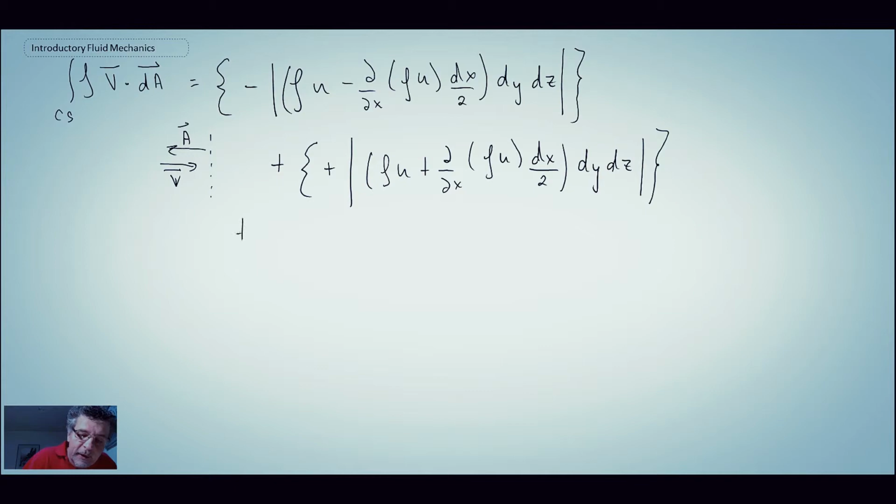Similarly, we could do the same for the y face, and then again for the z face. Okay, so when we expand all of this for the x, the y, the z face, and then bring in the time rate of change of the mass of the control volume, our continuity equation for our little element starts to look something like this.